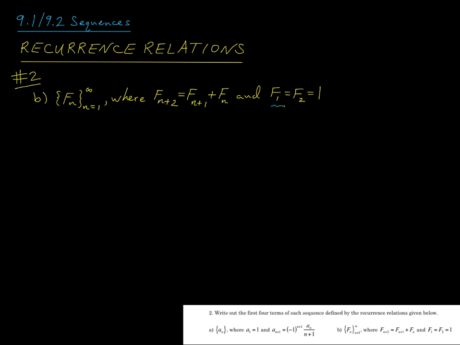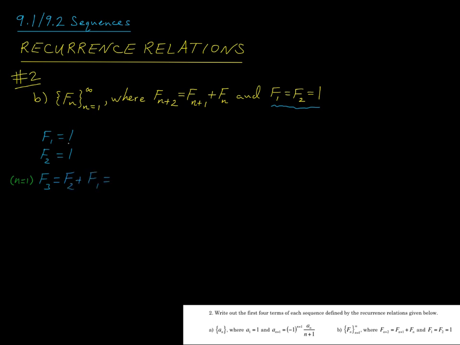So first off, from this condition right here, we know that f1 is 1, f2 is also 1. Then if I want to know what f3 is, that's where this recipe is going to come into play. If I plug in n = 1 into this recipe, I'm going to get that f3 on the left is equal to f2 plus f1.